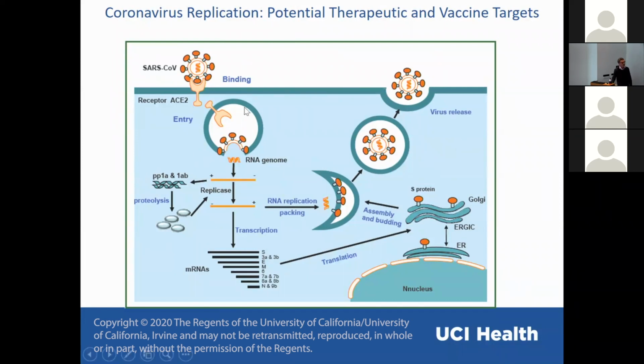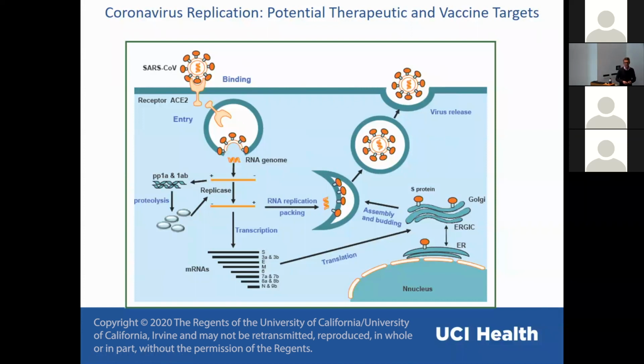Furthermore, antibodies, again developed either with a vaccine or infused passively, can potentially inhibit this fusion process, again stopping viral replication. But if that viral RNA does get into the cytoplasm, the next thing that happens is this viral RNA is translated into a big protein, which is called a polyprotein.